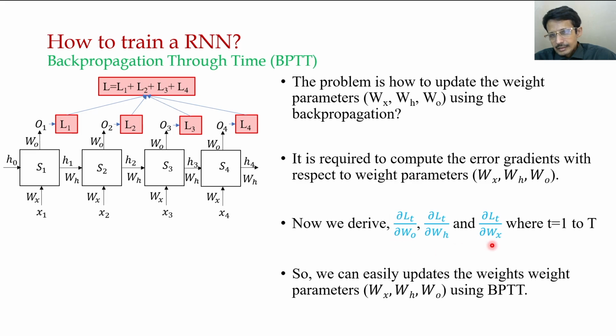If we get this, we can easily update the weight parameters using BPTT, or we can use any kind of optimization algorithm like gradient descent to get the weight update done. So in this way we can use BPTT to train our RNN.